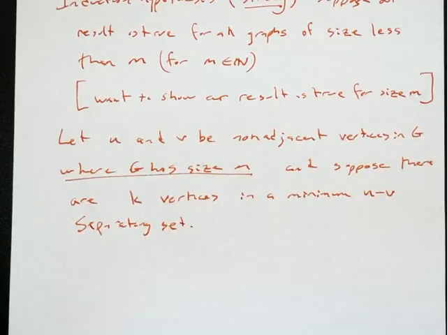I want to show that that means that there are k internally disjoint paths. I know we can't have more than k internally disjoint paths.